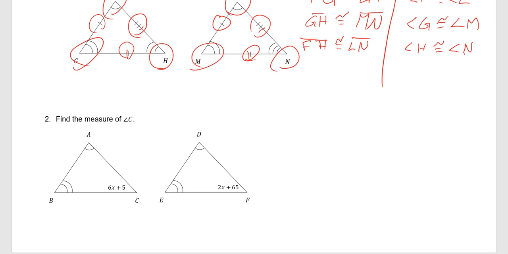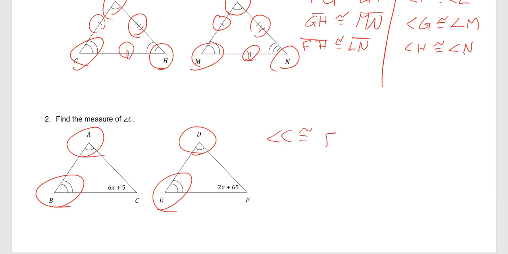So again, we have two triangles with two pairs of angles congruent, right? So A is congruent to D, B is congruent to E, therefore angle C has to be congruent to angle F, right? Which gives us that the measures of them are equal, so we get 6x plus 5 is equal to 2x plus 65, right?